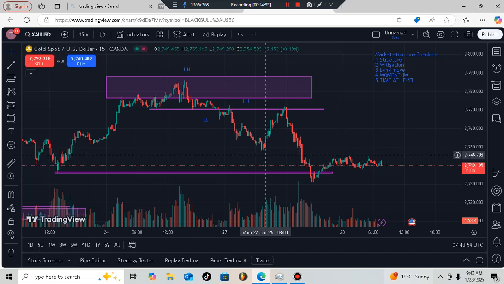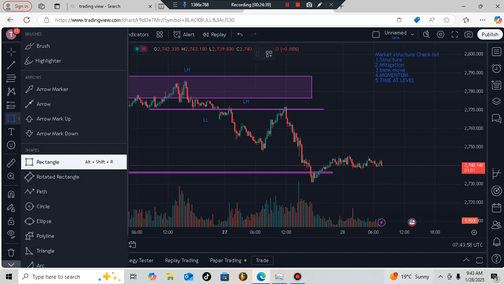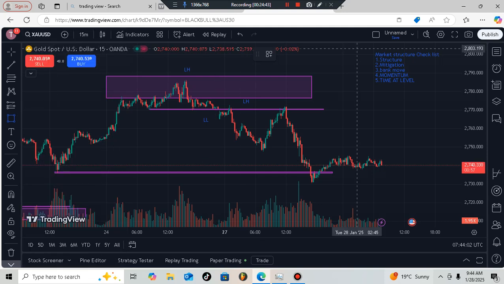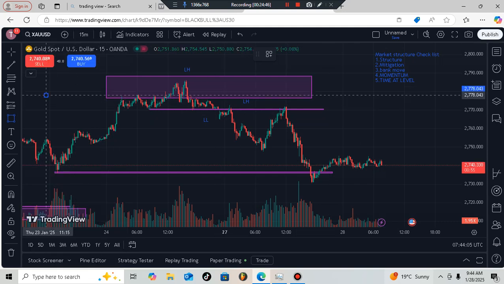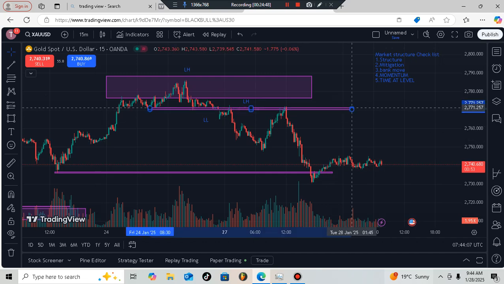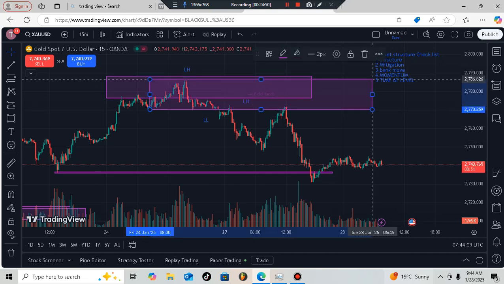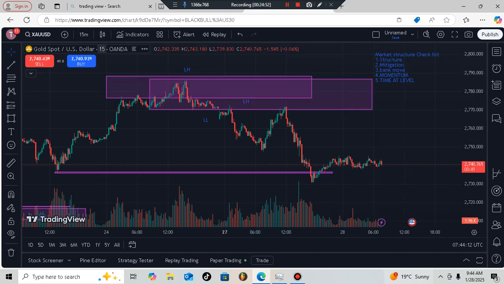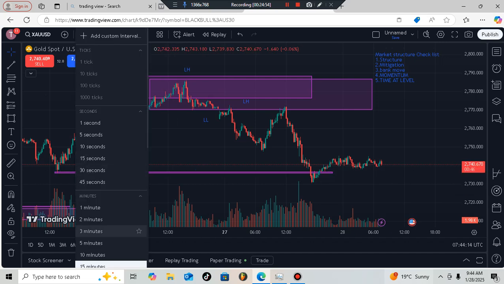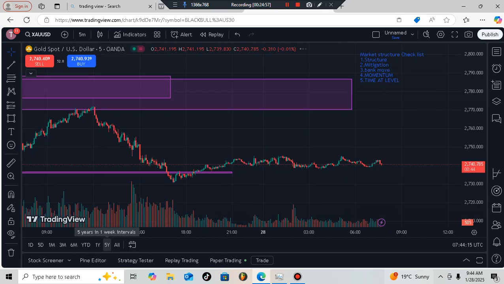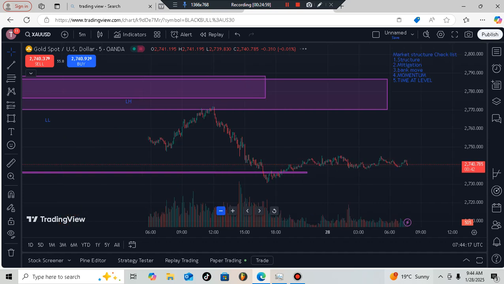So we've identified our structure. Number two, we start looking at our mitigation. As you can see right now, we've indicated a point of interest right there, between the first lower high and the first important break of structure. So that's our mitigation block.